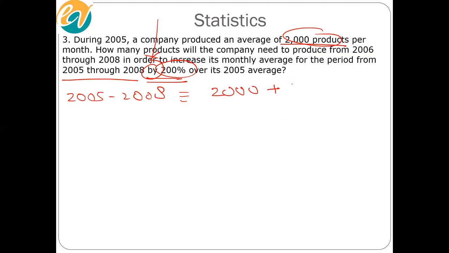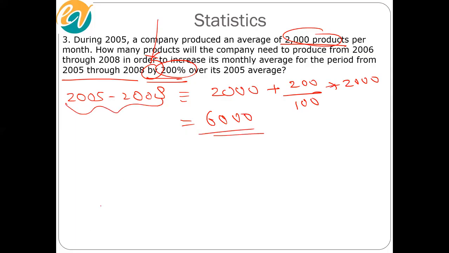So plus 200 by 100, which is 2, into 2000. That gives us 6,000. Are we clear? So we want the average between 2005 and 2008 to become 6,000.